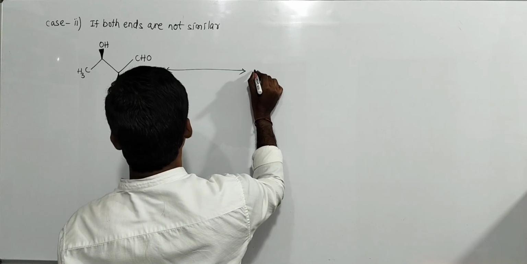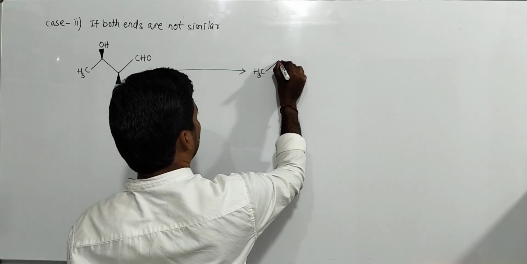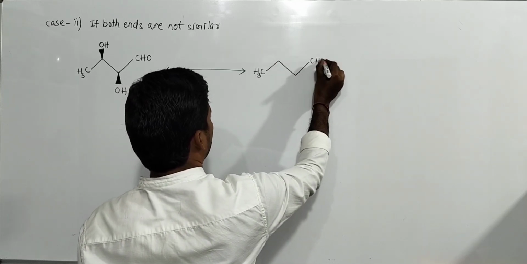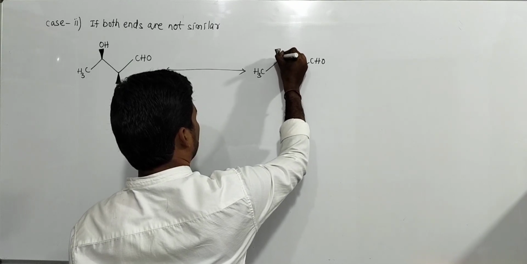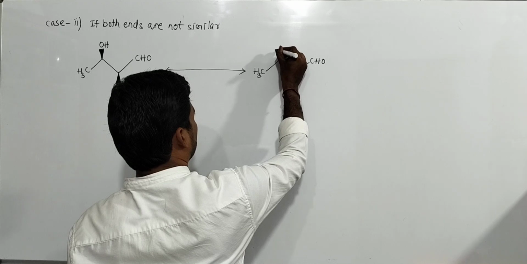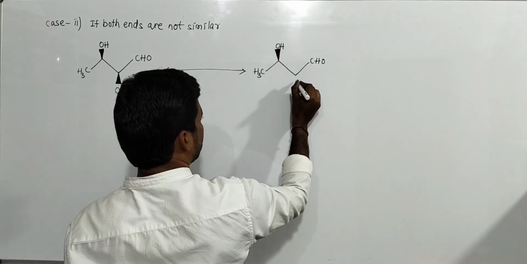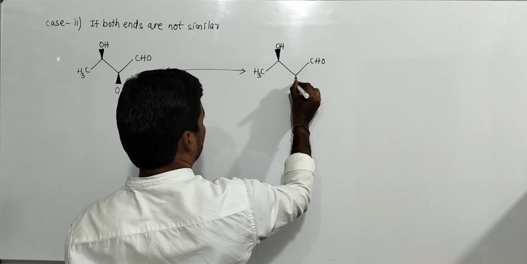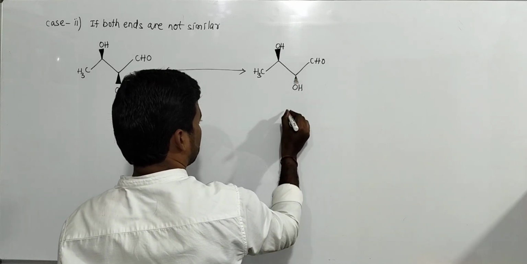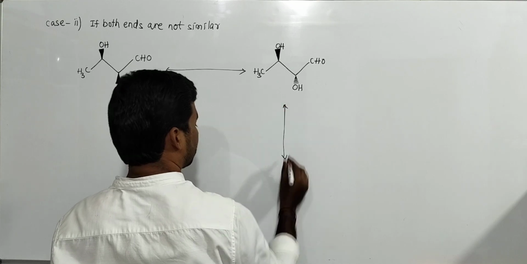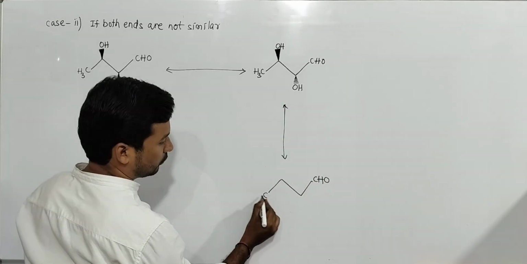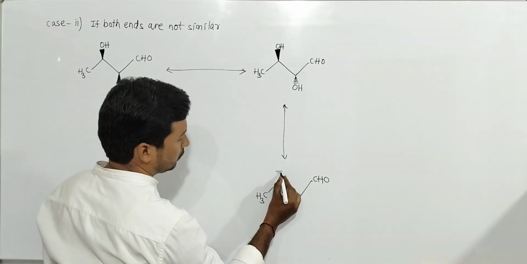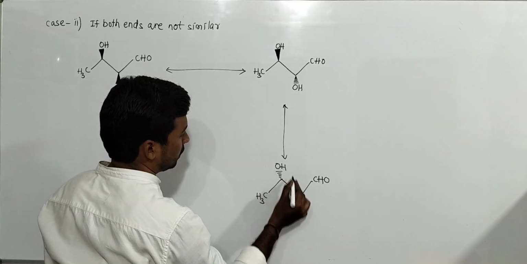Next, CH3, CHO, OH, OH. Next one, CHO, CH3, dotted line.